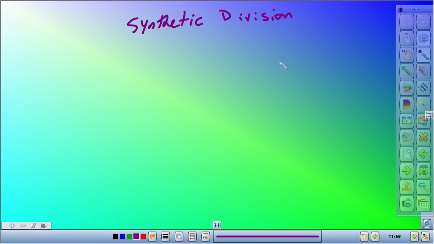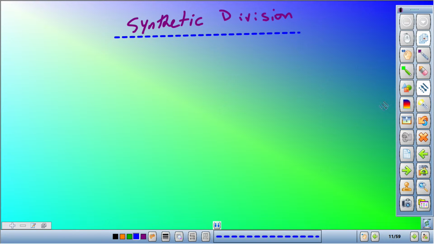Well, in this one, I'm going to also give you an example of that. So let's use one that is going to be very helpful to us to see. So divide, obviously with synthetic division.